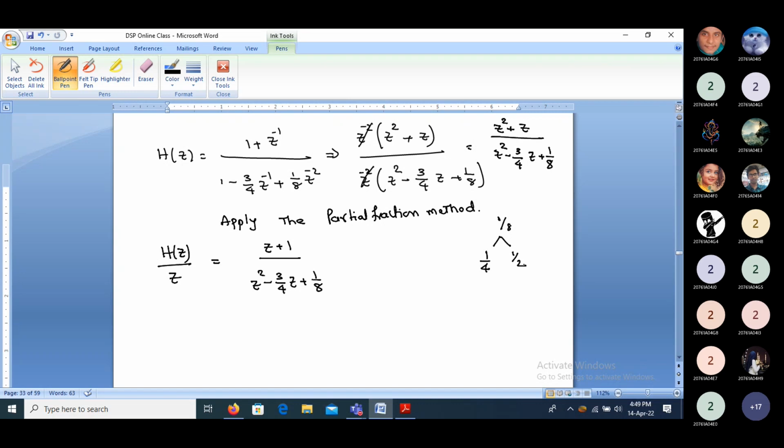So the denominator is z minus 1/4 into z minus 1/2.